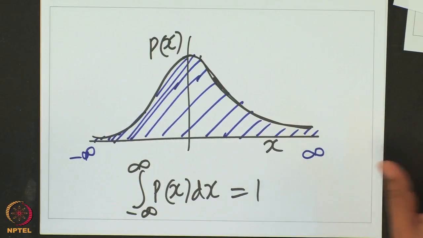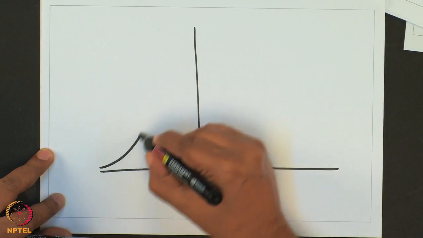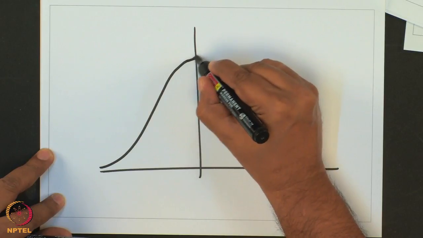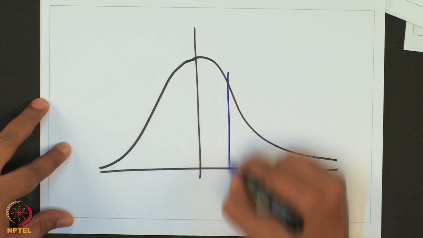Now, if I take a small part here, let us take the same distribution and look at a small region between this and this.